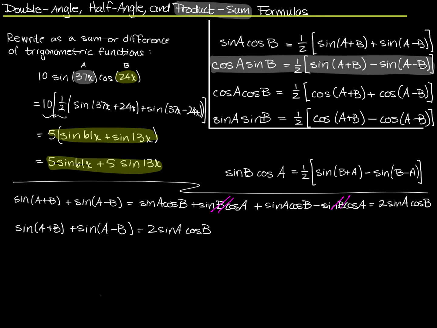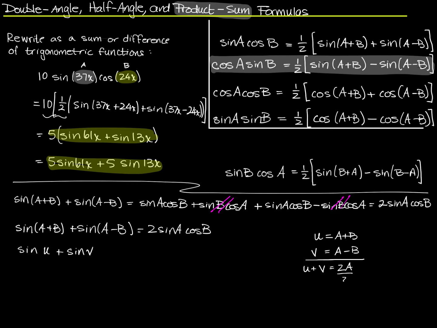What if instead I did a substitution? Let's let u equal a plus b and v equal a minus b. Then I have the sine of u plus the sine of v on this side. And now I have to figure out how to write a and b in terms of u and v. If I take my substitution equations and add them together, I get u plus v equals 2a plus 0b.